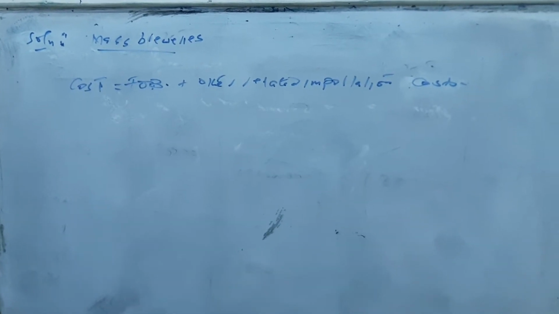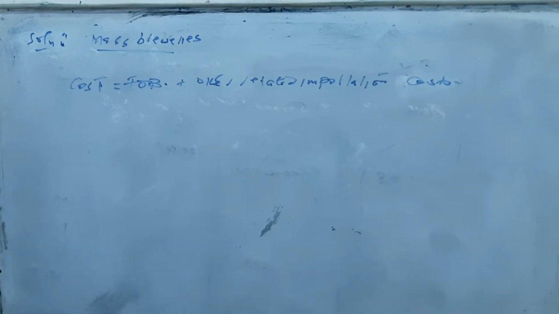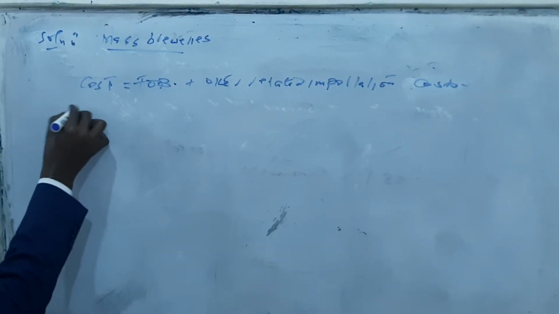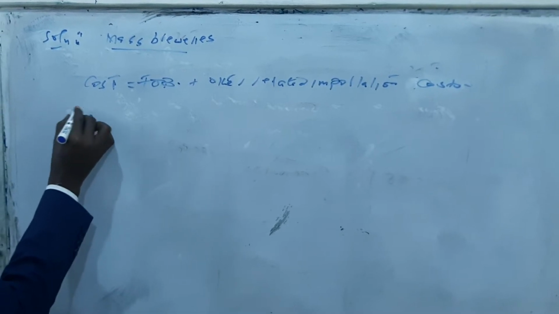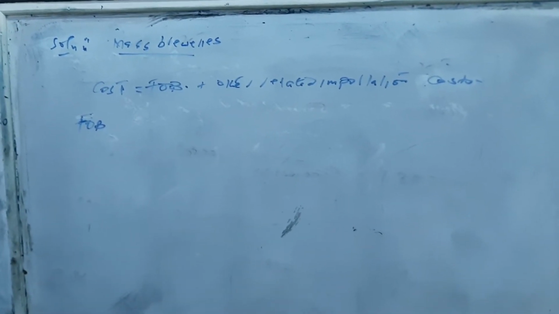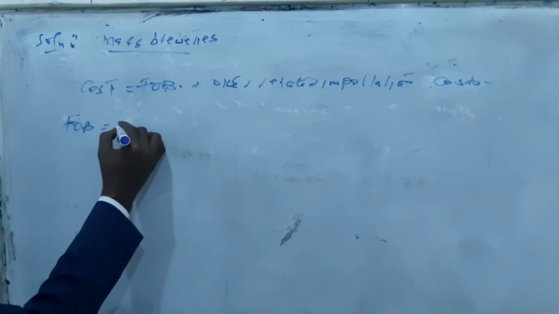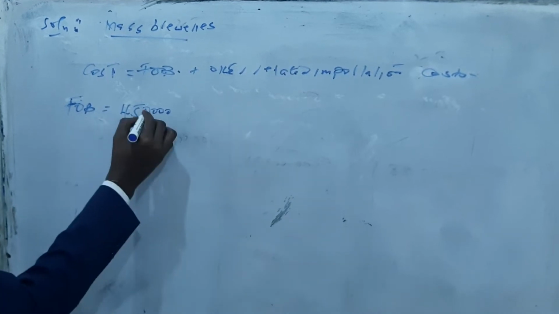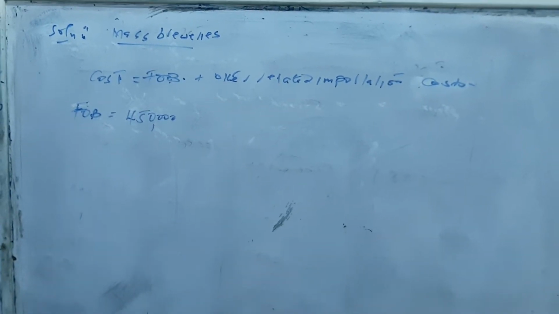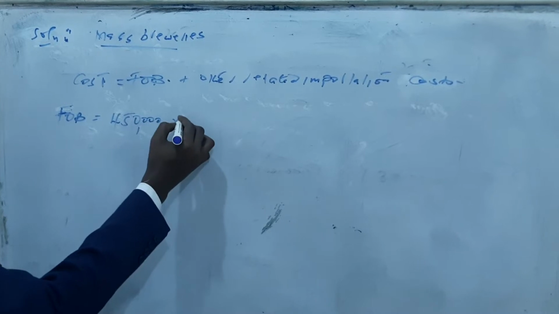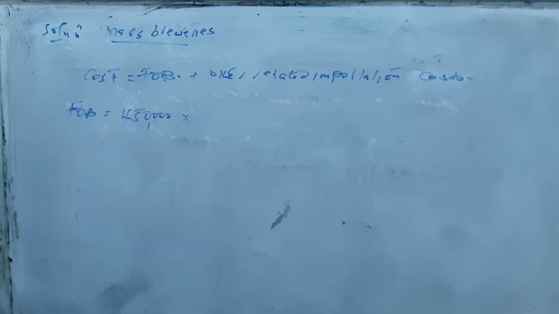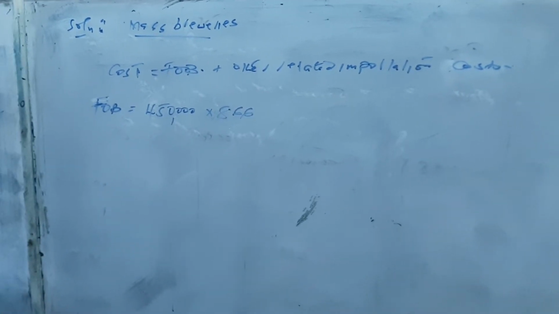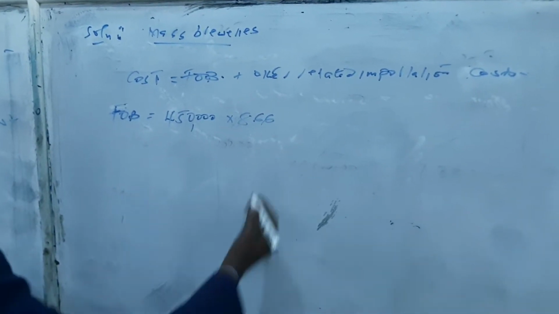Those are the ones that we regard as other importation costs. And our FOB, which is the free on board, equals 450,000. So times the exchange rate, 1 USD was equivalent to 866. It is the rate we have chosen.